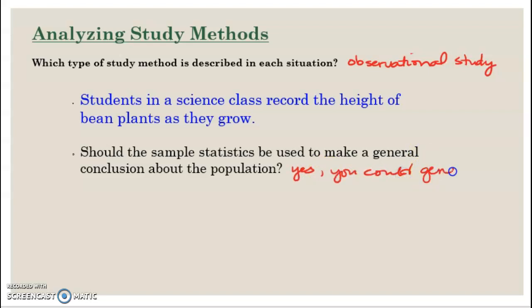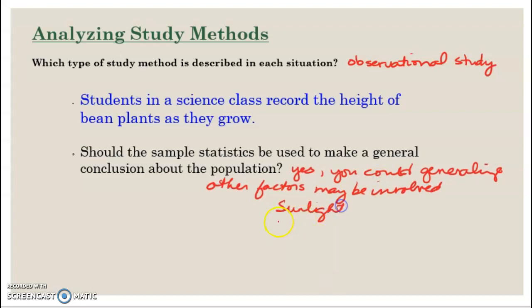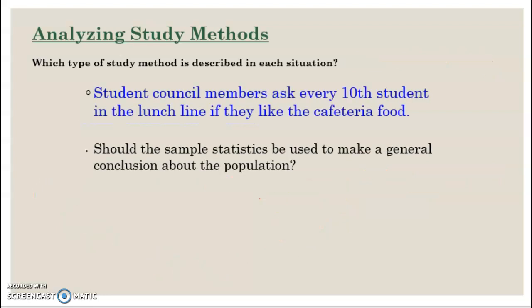You could generalize here. You might want to check out, though, other factors that may be involved. Like sunlight, how much there is, or water, how much they gave them, fertilizer. All these things may affect growth. But overall, it's not bad.